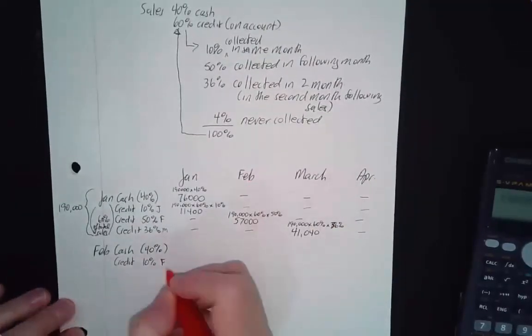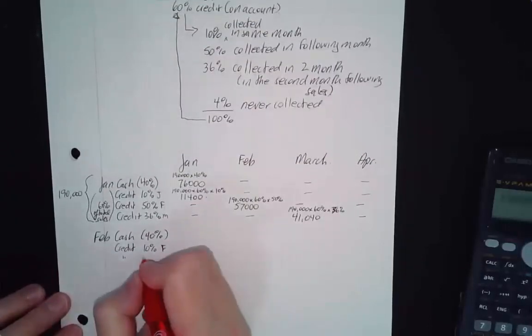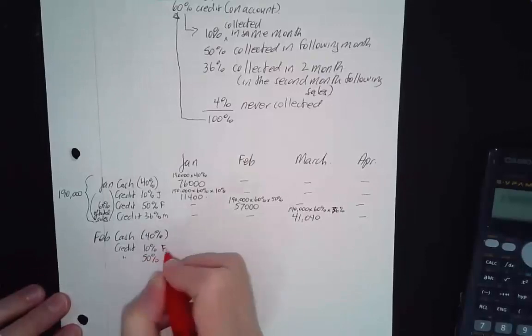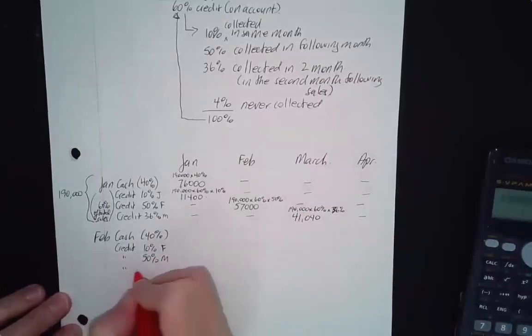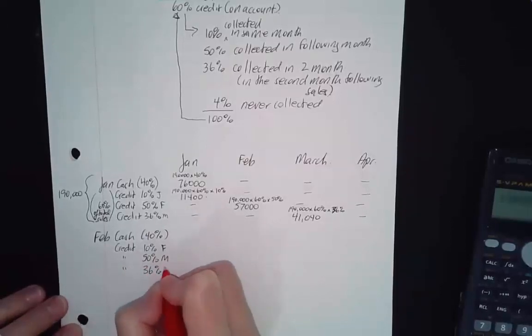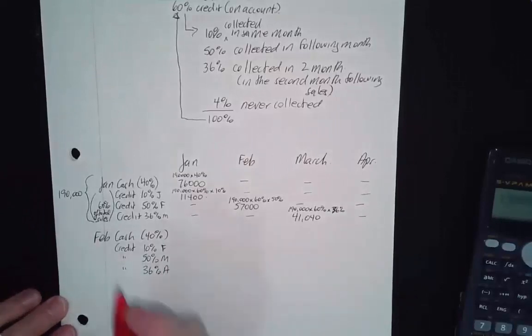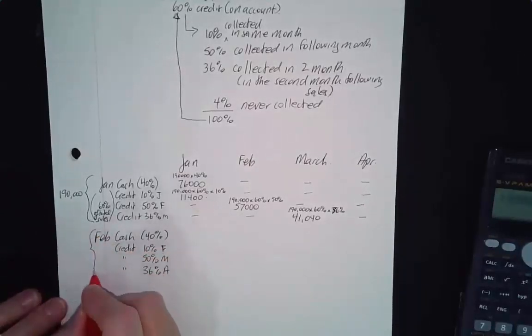So that's February. Then it's going to be credit sales, and it's going to be 50% in the month after, March. And then it's going to be credit sales, and it's going to be 36% in April. Now, how much are all of these sales?